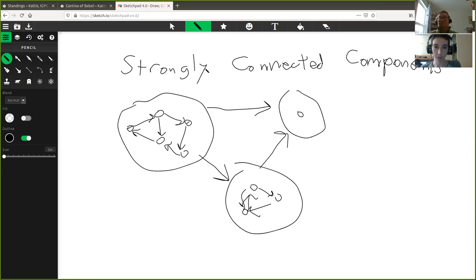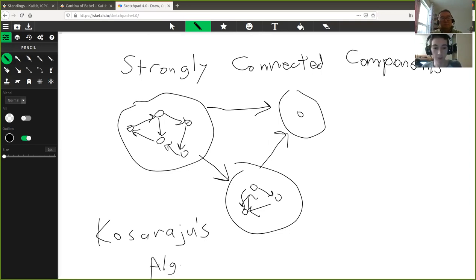So in order to compute strongly connected components, what's the name of the algorithm? I think the name is... Oh yeah. So the name of the algorithm is Kosaraju's algorithm.